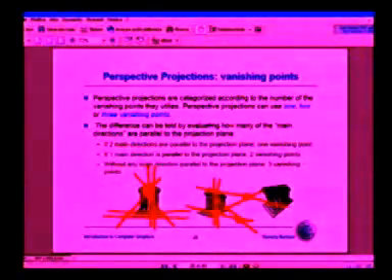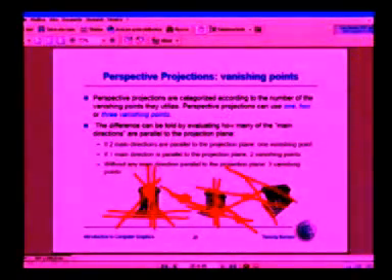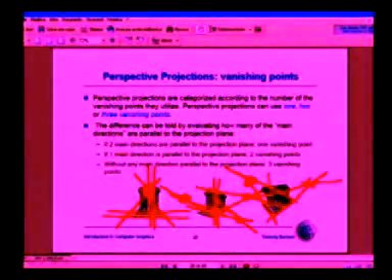And here you have 3 vanishing points. One over here, one over here, and one over here. So as you can clearly see from this picture, 3 vanishing points. Good.